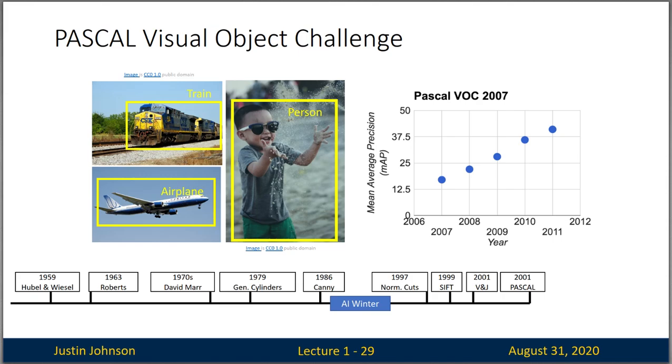And then of course all the publicity that would come through winning these challenges made computer vision really advance through these data sets and challenges.